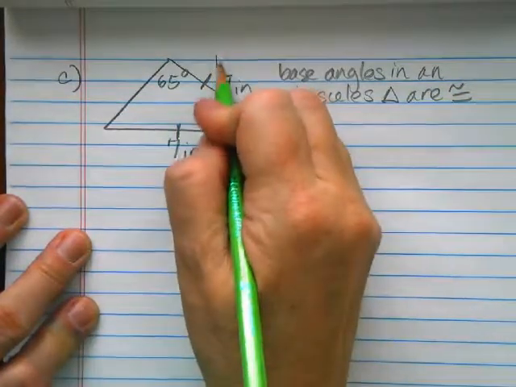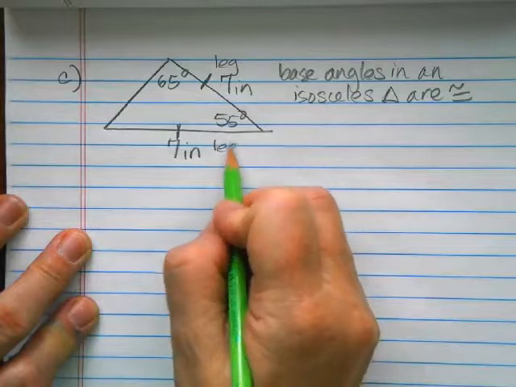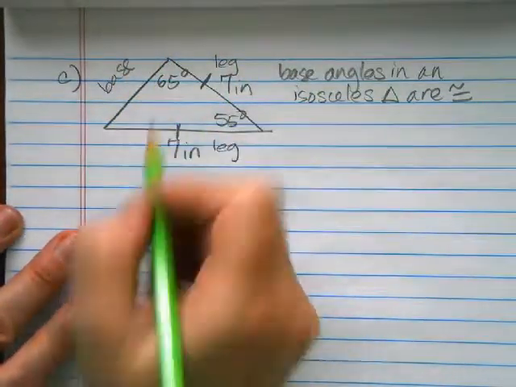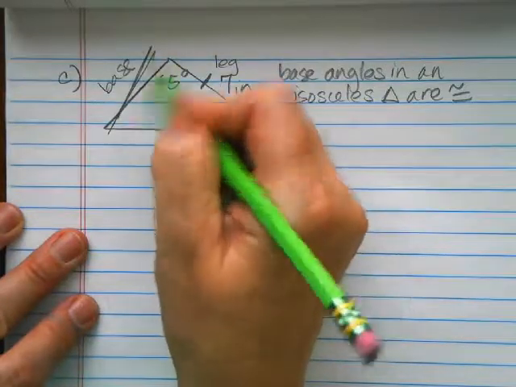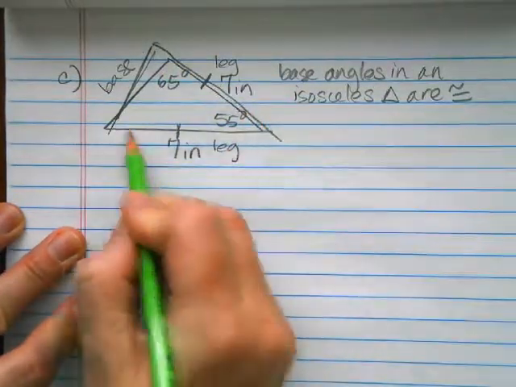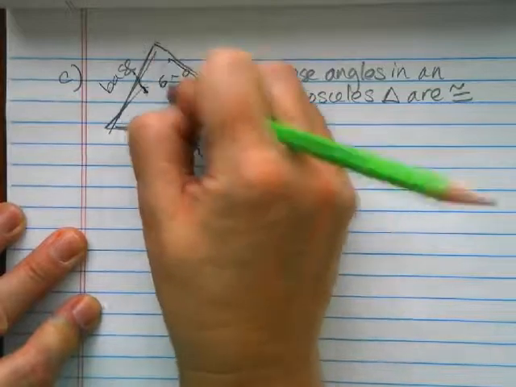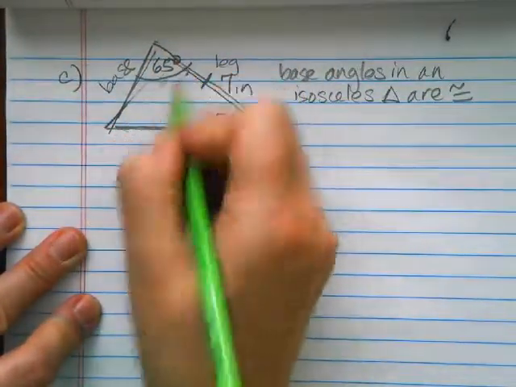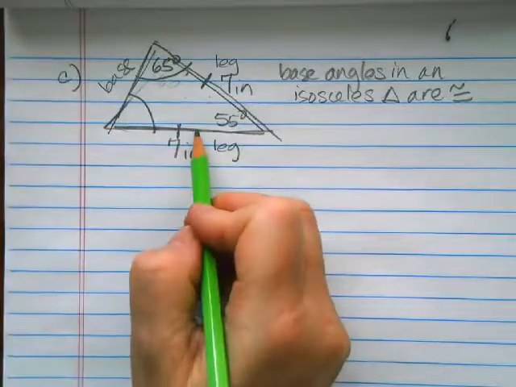These are called the legs of the isosceles triangle. This is called the base. And I didn't draw that quite like an isosceles triangle. It should be more like this.